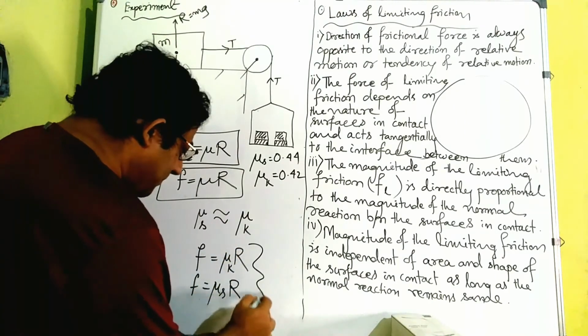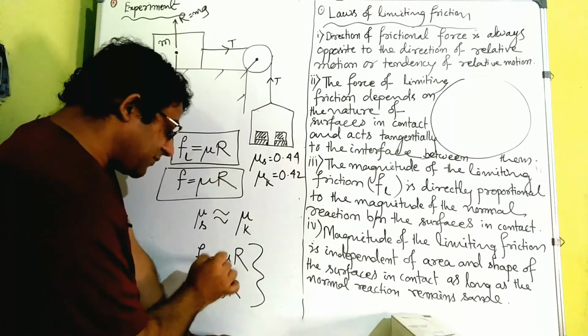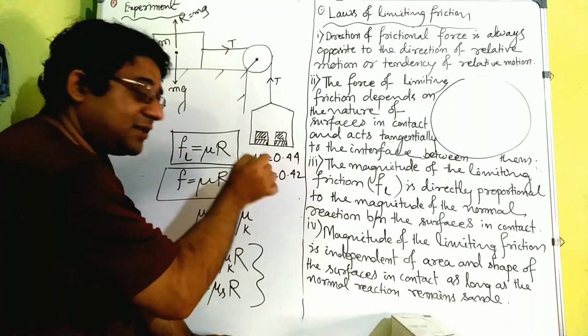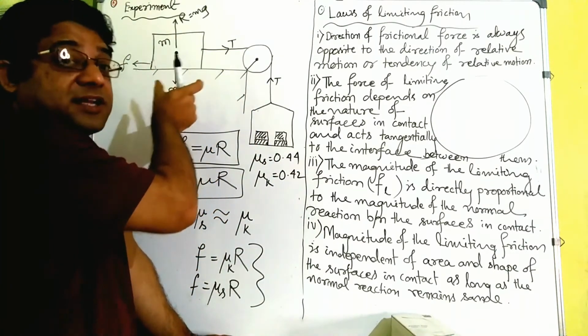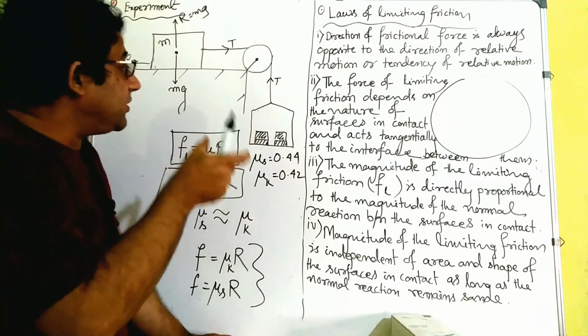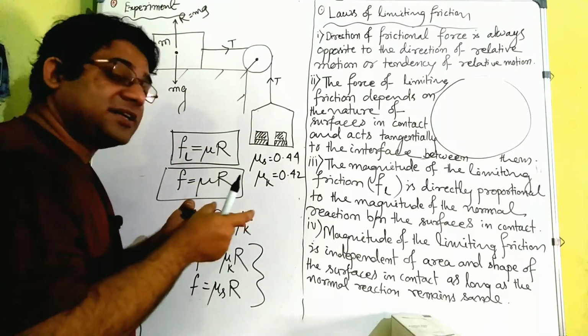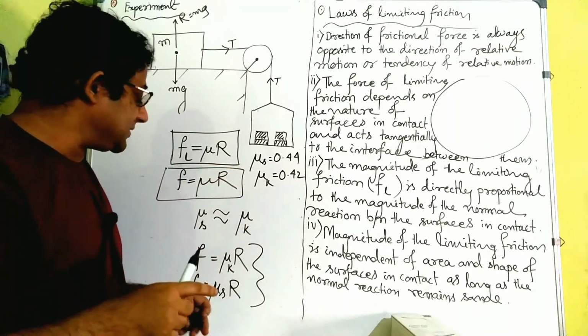And you have to apply this formula only when in the question it is specified that the coefficient of kinetic friction is this much and the coefficient of static friction is this much. If it is given, then only you have to consider whether the body is at rest or is moving, or if there is a relative motion between the surfaces in contact, or there is a tendency of relative motion in the surfaces in contact. You have to look at that.